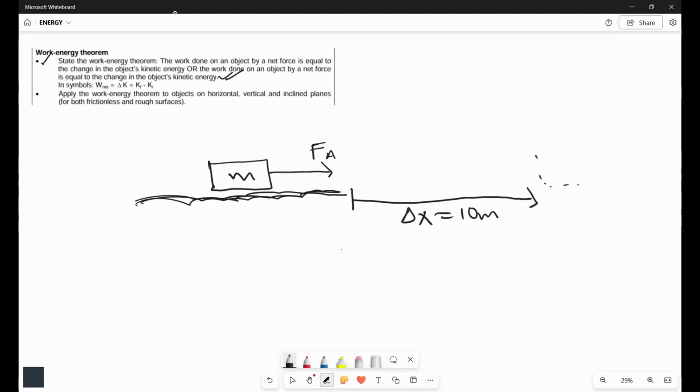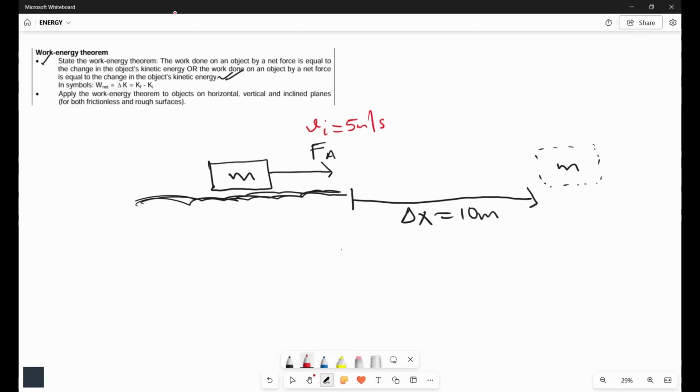Then after a certain time, here is my object, M. Now let's say this block has an initial velocity of 5 meters per second. Fair enough, right?